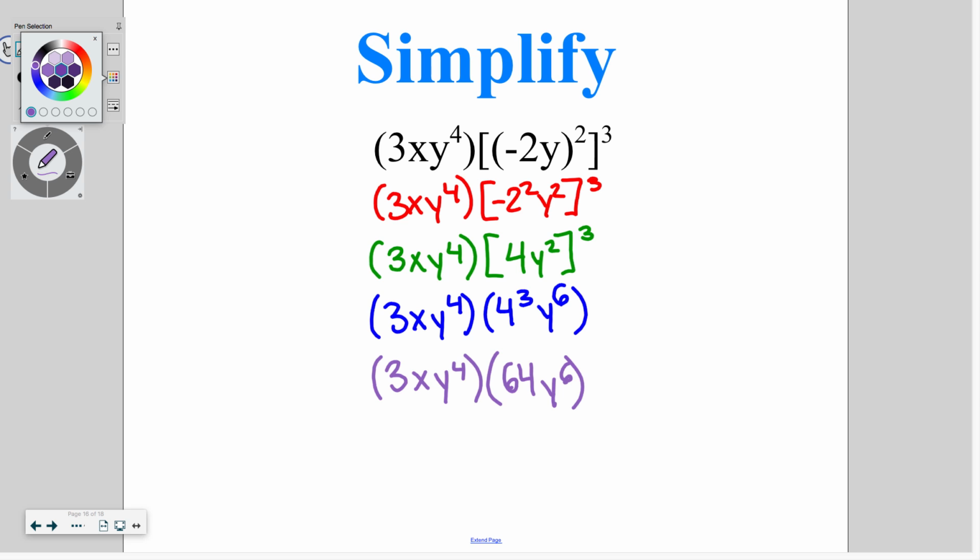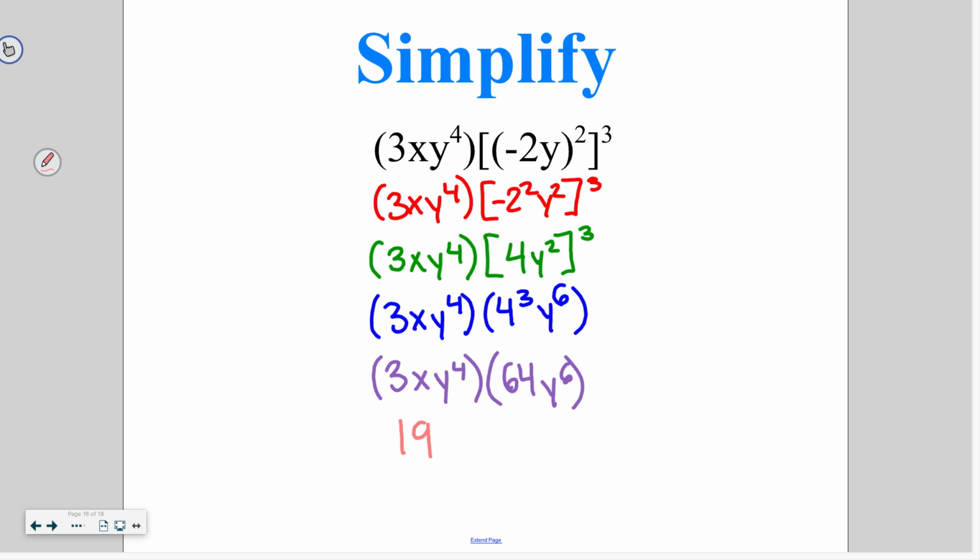I'm going to multiply my numbers out front, and I've got 3 times 64, which is 192. There is nothing to match the x with, so we've just got x. And our y variable is listed twice, so I've got 4 y's being multiplied and 6 y's being multiplied for a total of 10 y's being multiplied. So our final answer for the simplification is 192xy to the 10th power.